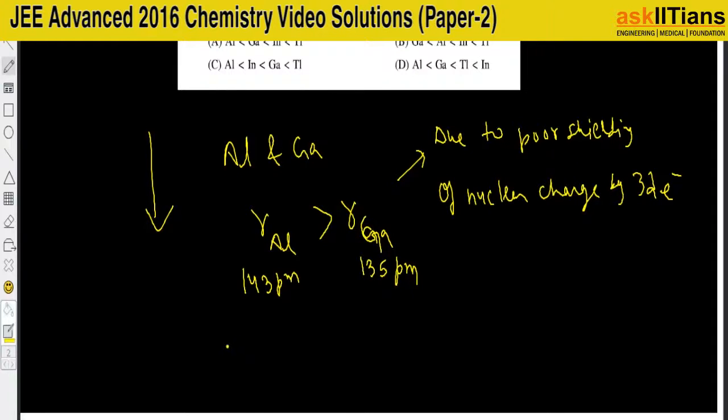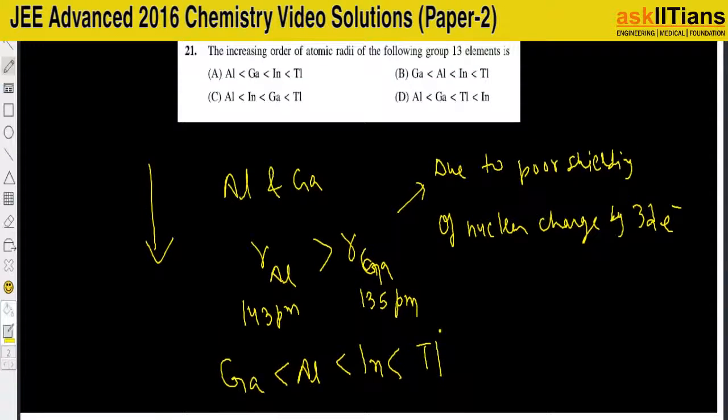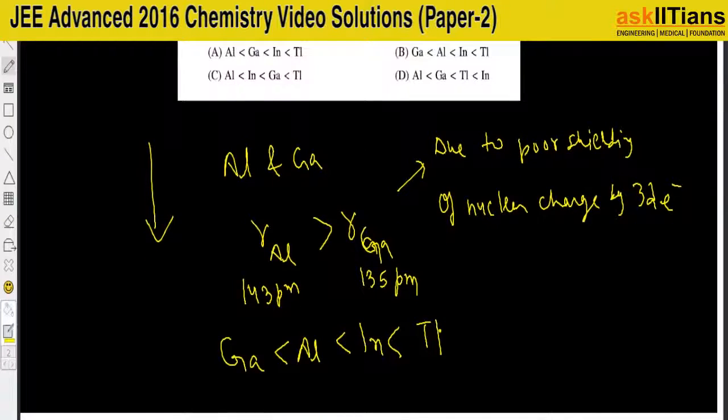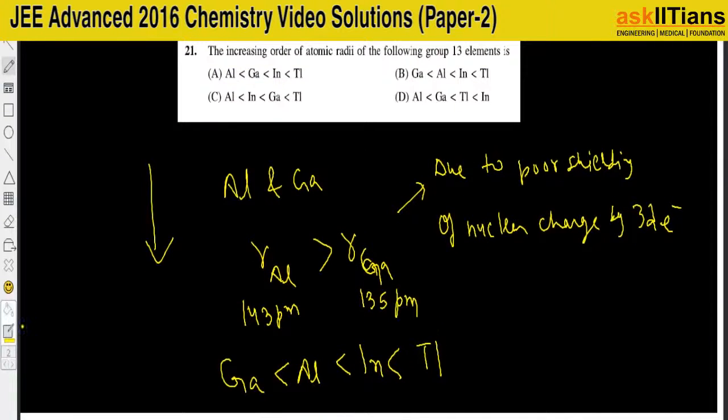So if I go via the method, I'll get gallium is least, then aluminium, then comes indium, and then thallium. So looking at this, the option which is matching, you can easily see it's my option B, right? So B will be the correct answer for this question.